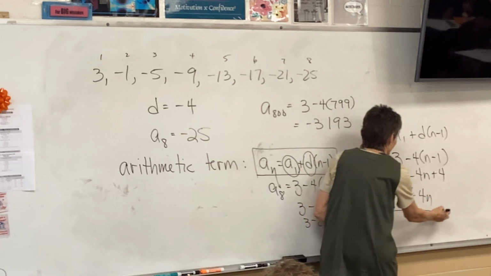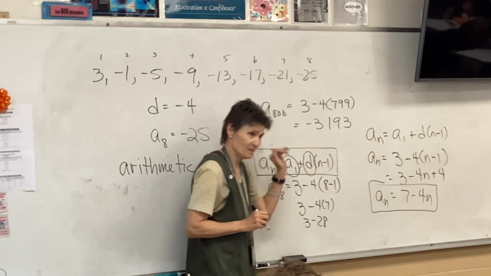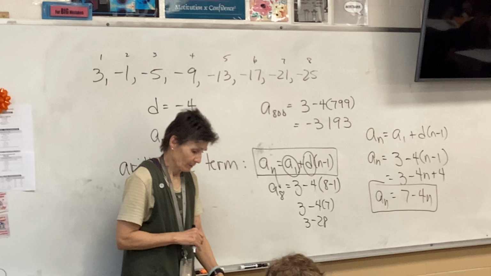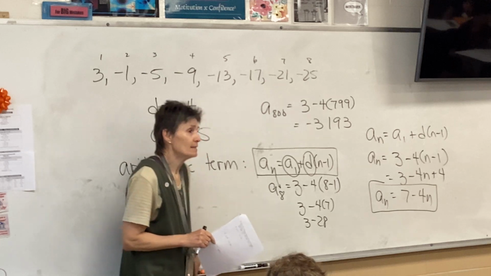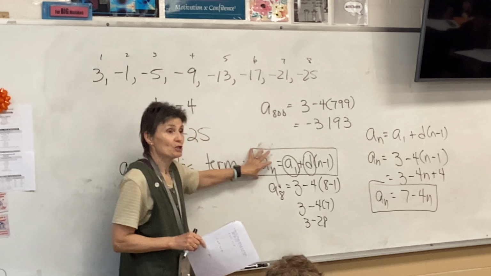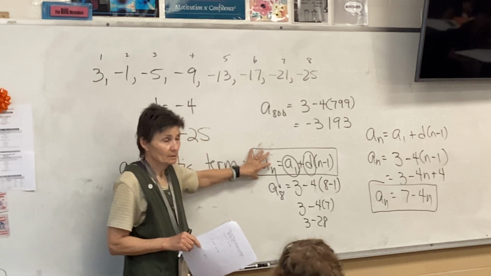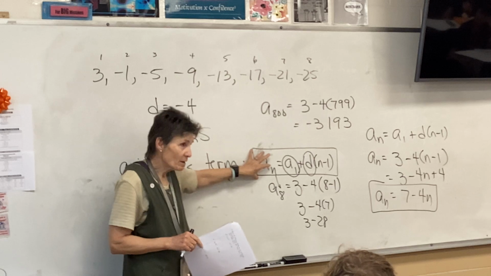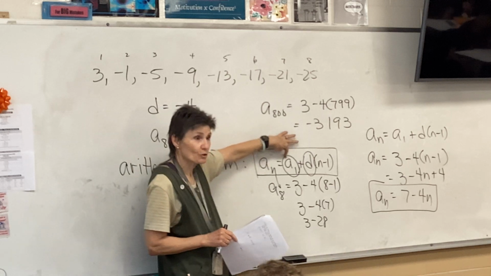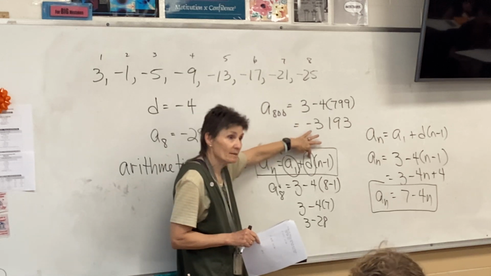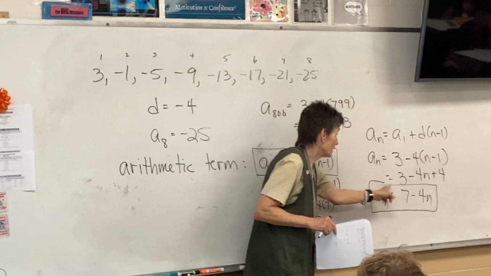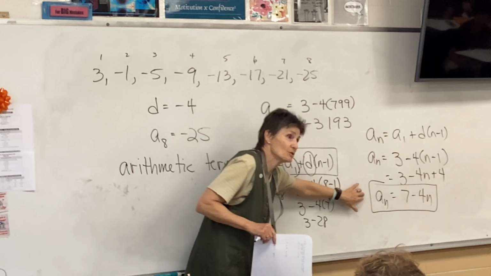There is your formula for this particular problem. How do I find the explicit formula? I use my general formula, the one that will be on the board, and I plug in my first term and my common difference. And then in this formula, you'll have to distribute and collect like terms, and that is your explicit formula.